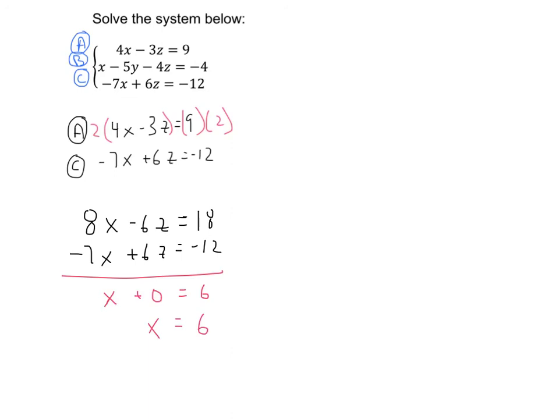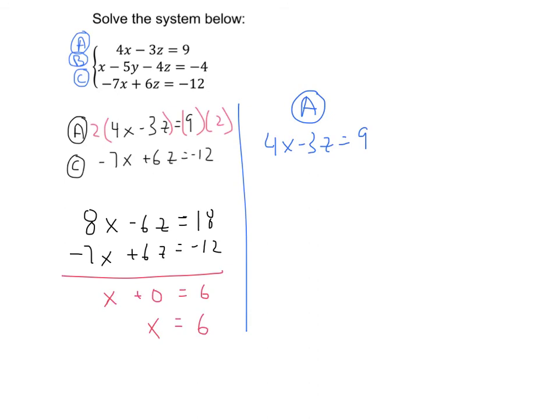Now that we know x, let's think about how we can get z. Where would I substitute this? I need to substitute it into one of our equations that only has 2 variables in it. At this point, you can choose either A or C. It doesn't matter. Let me use equation A: 4x minus 3z equals 9.